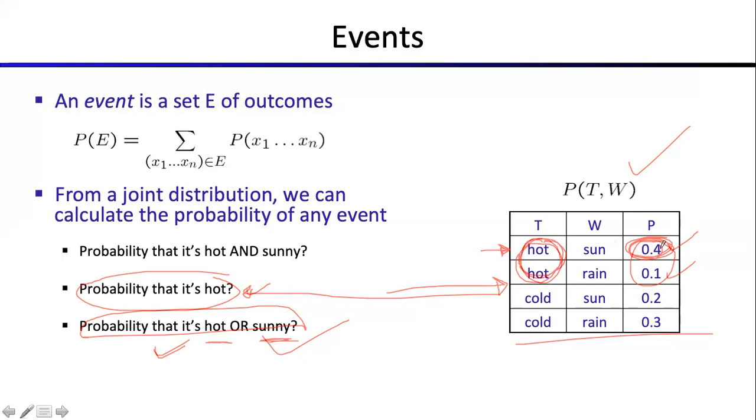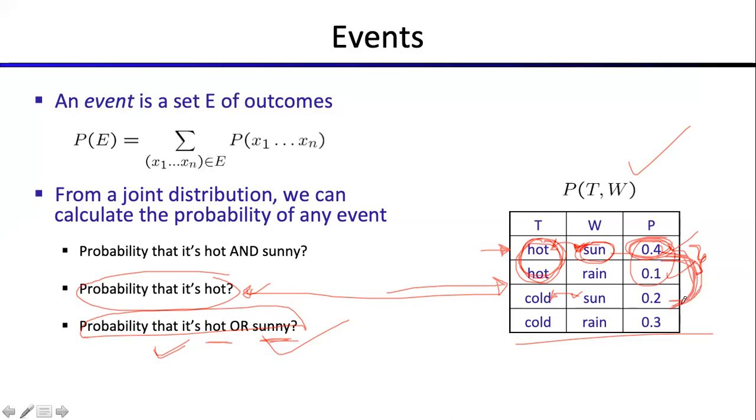So hot इन दोनों probabilities को add करके hot आ जाएगा. ठीक है. और sunny किन दो values को add करके आएगा, ये value और ये value. सो हॉट और सनी का जो है या तो हॉट है या सनी है, तो हॉट की प्रोबेबिलिटी तो आपके पास यहाँ से आ गई और सनी की प्रोबेबिलिटी आपके पास जो है. सो लेट्स से अगर मैं ये कहता हूँ कि व्हाट इज द प्रोबेबिलिटी दैट इट्स सनी, सो यू विल टेक दिस रो और उसकी प्रोबेबिलिटी अगर आप निकालते हैं, कैसे निकालेंगे, यू विल हैव टू सम इट ओवर द टेम्परेचर वैल्यूज. सो सनी हॉट और सनी कोल्ड दोनों की प्रोबेबिलिटी निकाले और उनको ऐड कर लें, तो दिस वुड बी द एडिशन ऑफ दीज टू.